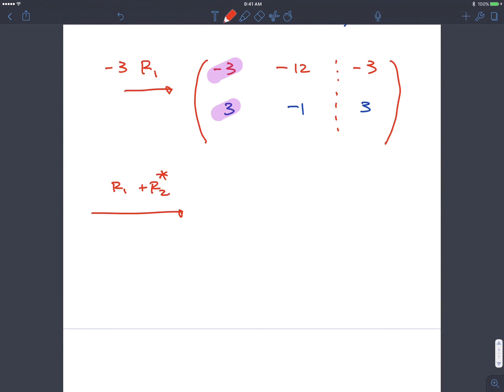Negative 3 plus 3 is going to give me a 0. Don't forget to put the answer in row 2. Now, negative 12 plus a negative 1 gives you a negative 13. Negative 3 plus 3 gives you a 0. Entries in row 1 stay the same. Negative 3, negative 12, negative 3.